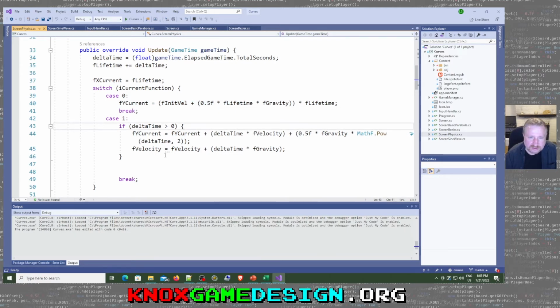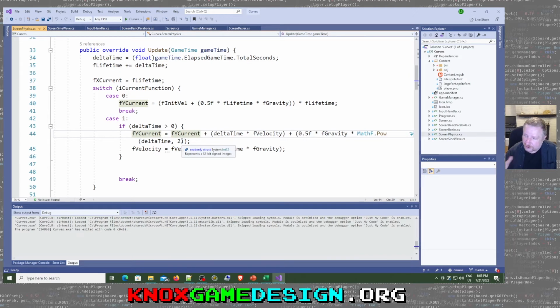Then in the discrete method, I went in and checked, because we're basing it on the previous value. So if there wasn't a previous value, we're not going to do anything. But our y is going to equal y current plus delta time times velocity, plus that factor, which is 0.5 times gravity times delta time squared.